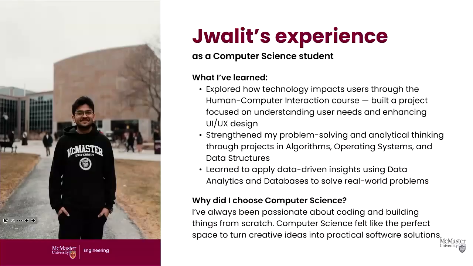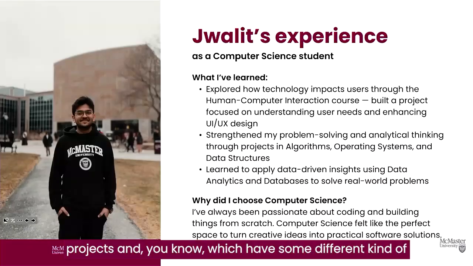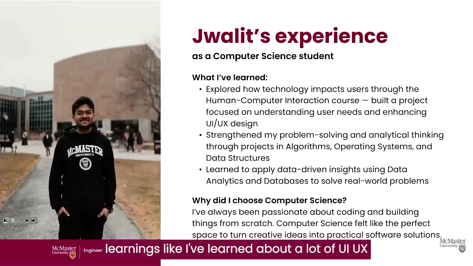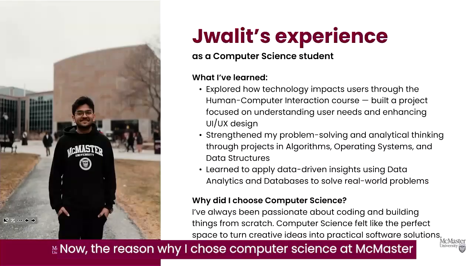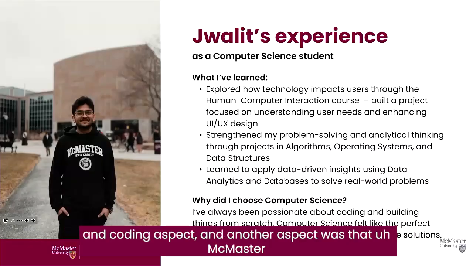During the 4 years of computer science, I've been able to take part in so many different courses which have projects and different kinds of learnings. I've learned about a lot of UI, UX, plus security and a lot about data structures and algorithms as well. The reason why I chose computer science at McMaster was mainly my passion for software and coding.